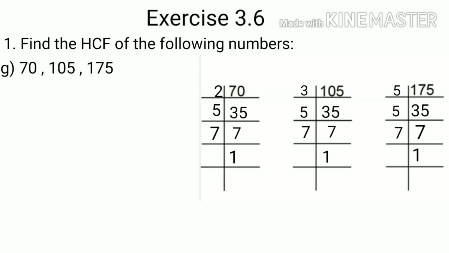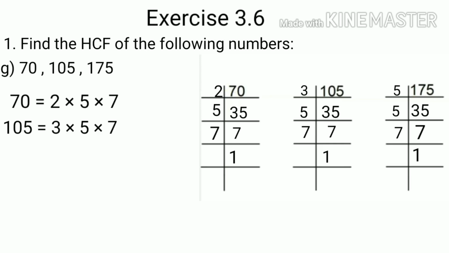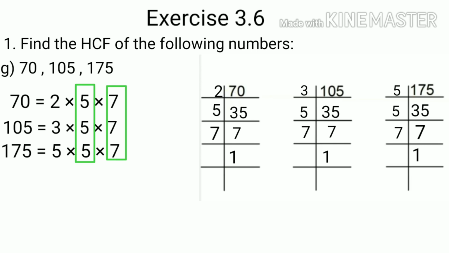So we can represent 70 as 2 into 5 into 7, 105 as 3 into 5 into 7, and we can write 175 as 5 into 5 into 7. As you can see, 1 times of 5 and 1 times of 7 are common here, so the common factors of all these 3 numbers are 5 and 7.